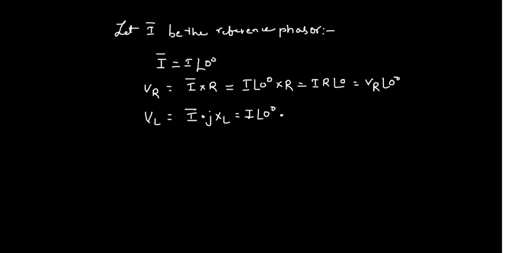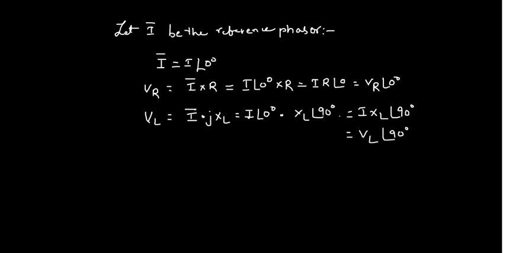When we have a j, we write XL at an angle 90 degrees. So I get I into XL at an angle 90 degrees. So this is what we get: VL at an angle 90 degrees. This is the voltage across the resistor as well as the voltage across the inductor.